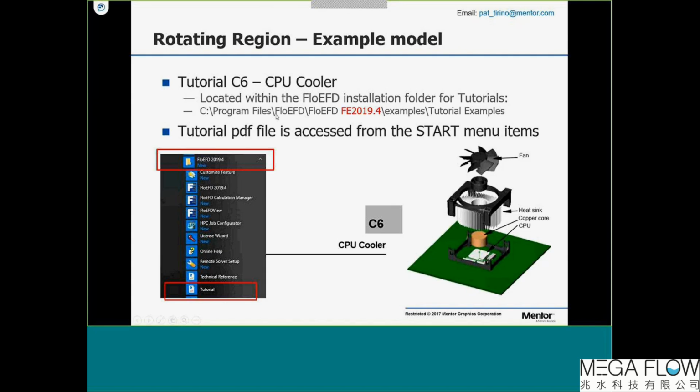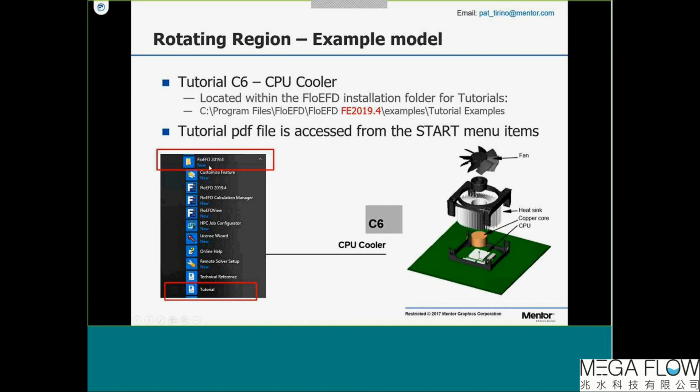But the installation folder for the last few versions, 17, 18, 19, should all be in a similar path. And not only do you have access to the model examples themselves, but you also have access to a tutorial PDF that you can use to follow through and step through the example tutorial.